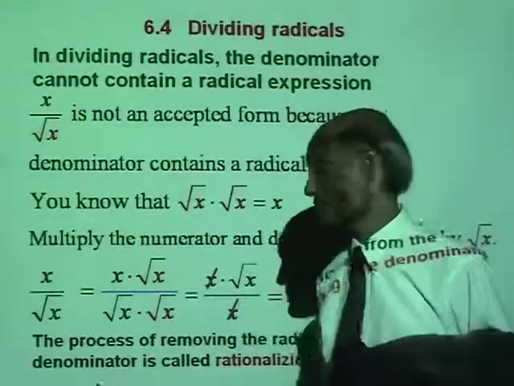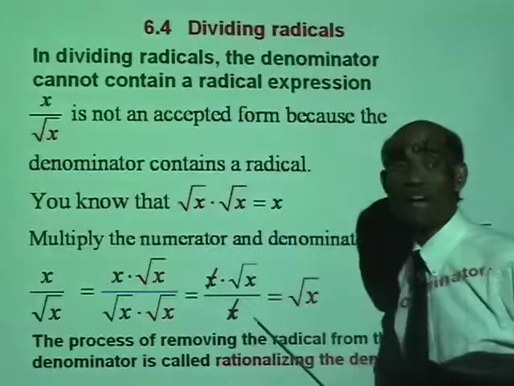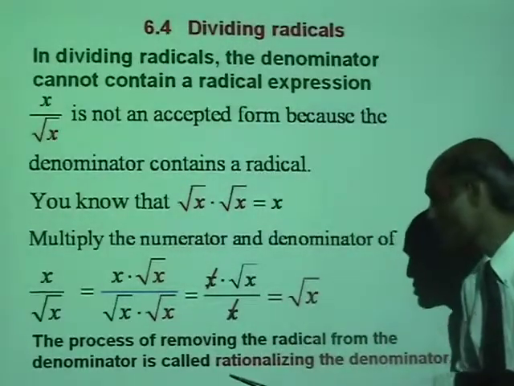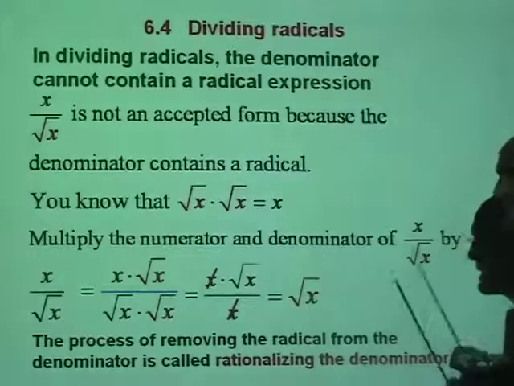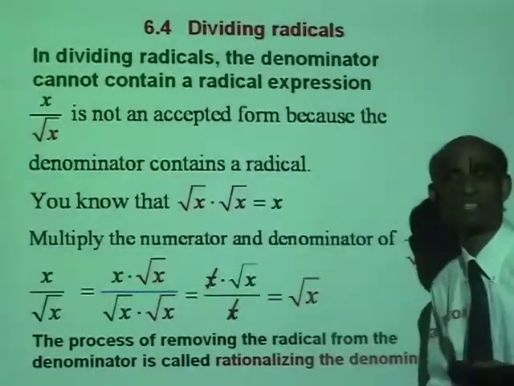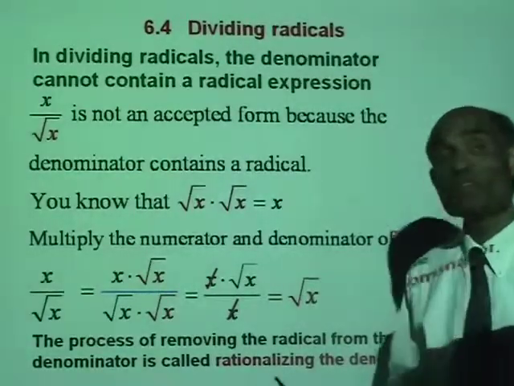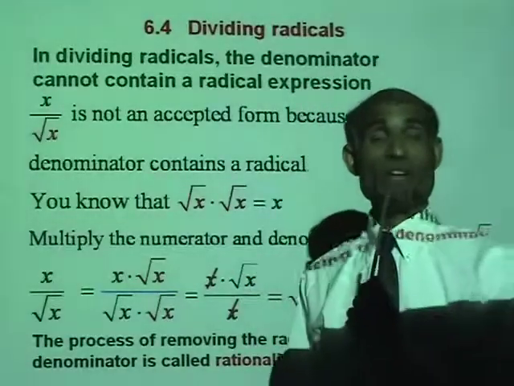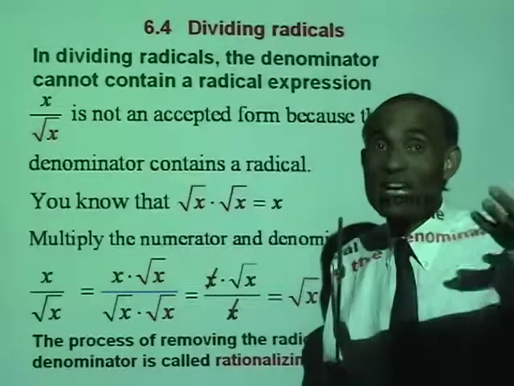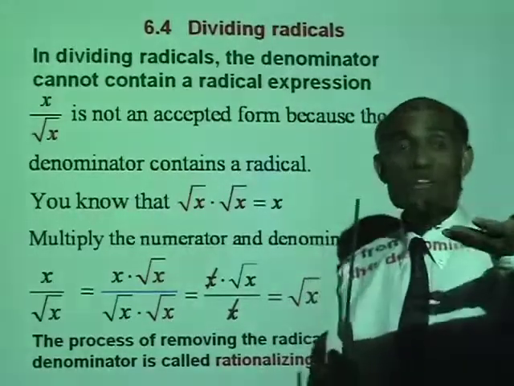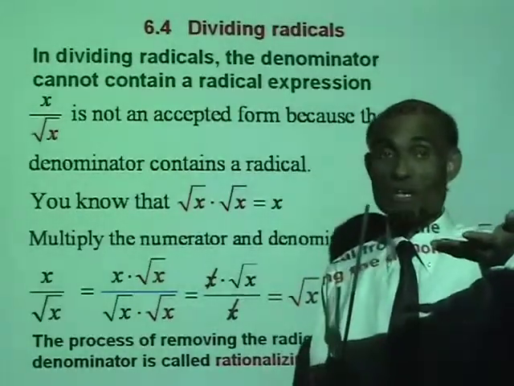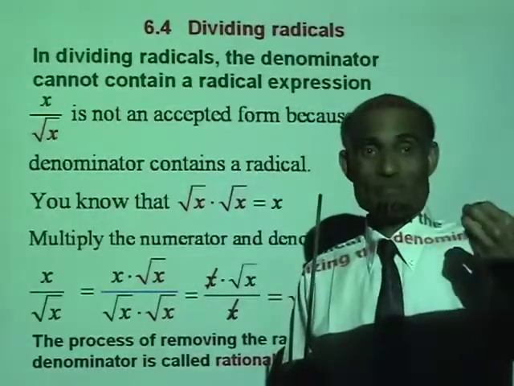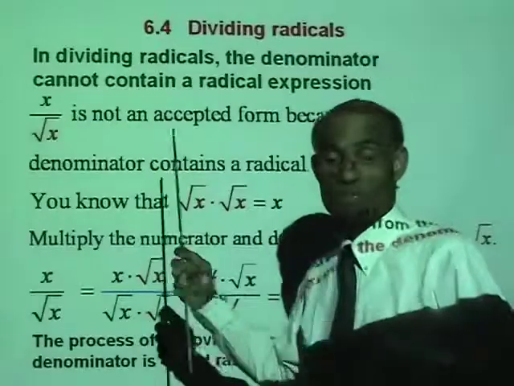This process of removing the radical sign from the denominator is called rationalizing the denominator. Every time you simplify a radical expression, if there is a radical quantity in the denominator, you have to rationalize that denominator by using this method.